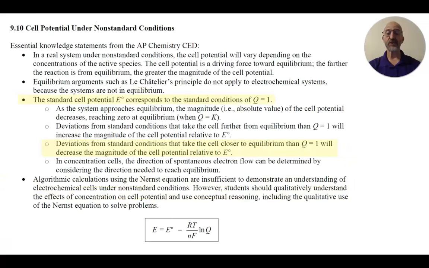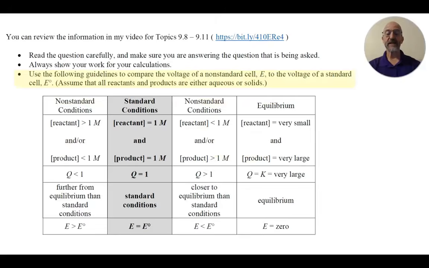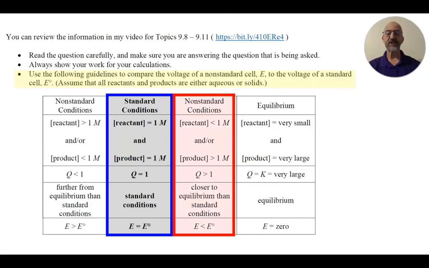So there's that essential knowledge statement. Deviations from standard conditions that take the cell closer to equilibrium than Q equals 1 will decrease the magnitude of the cell potential relative to the standard cell potential. And that summary table that I had shown you earlier, I'm going to show you this again, but this time we're moving from standard conditions to non-standard conditions that take us closer to equilibrium than standard conditions.